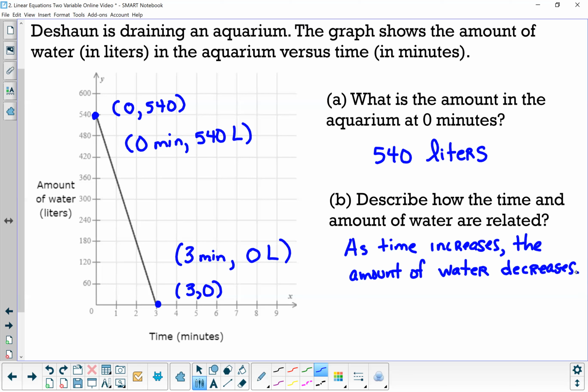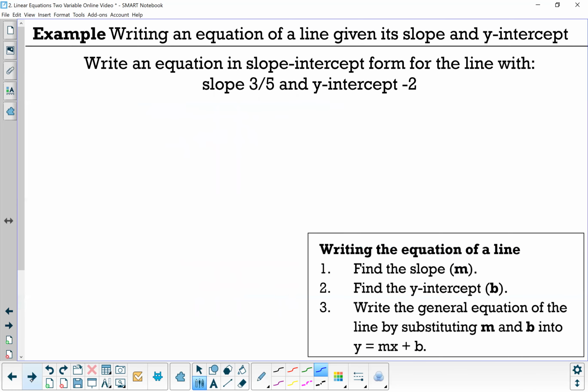All right. Now we're going to use what we know about lines, and now we're going to begin writing our own equations. And there's a general procedure for when we're writing an equation of a line that I'm going to use. One, I'm going to first find the slope. Once I find the slope, then I'm going to find the y-intercept and write the general equation.